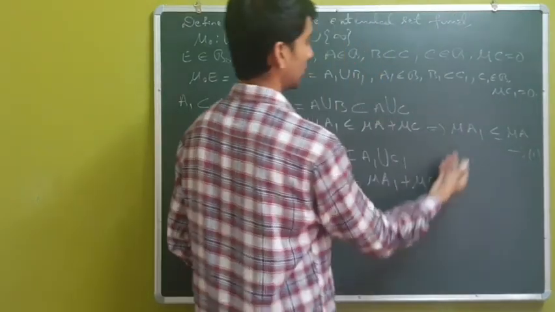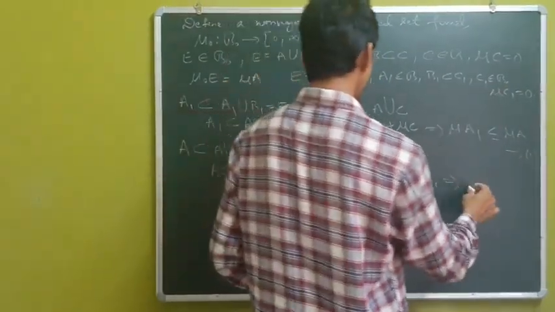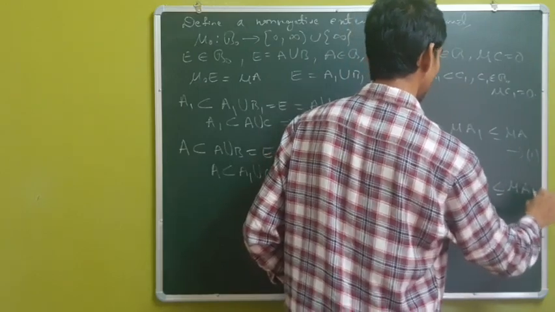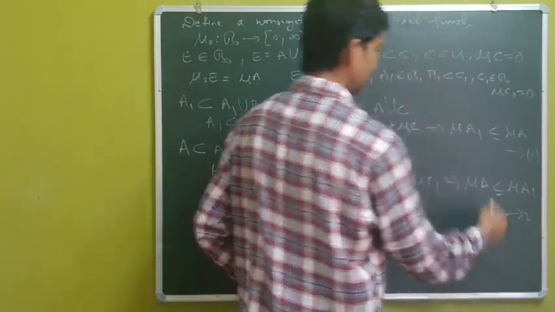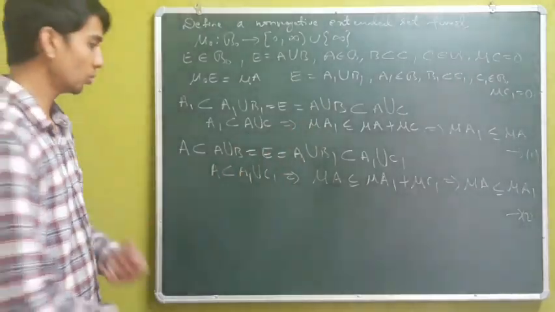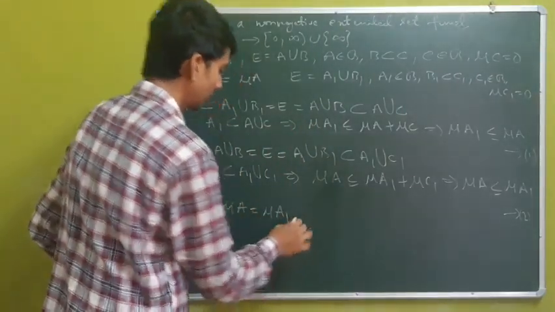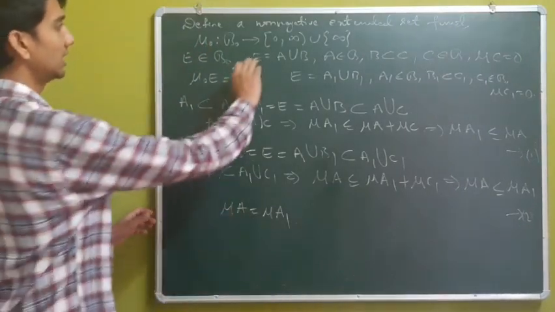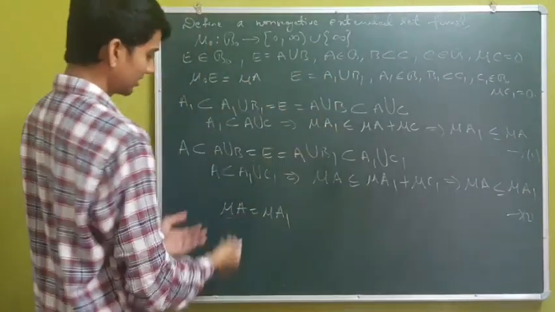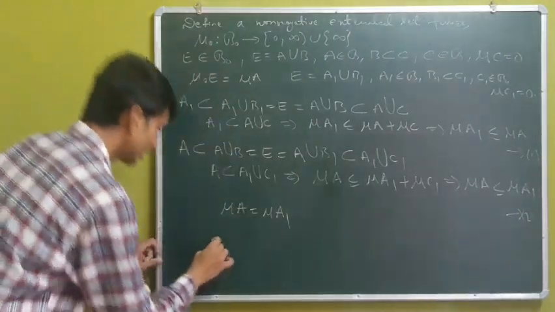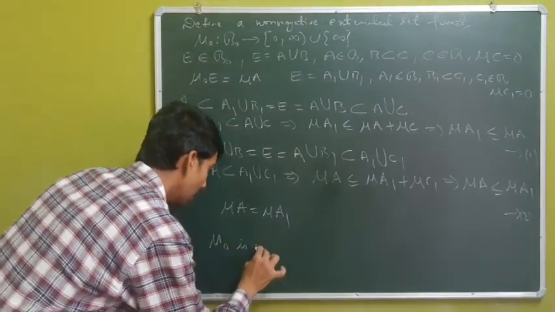Since the measure of C1 is 0, we again have mu of A less than or equal to mu of A1. So from inequalities 1 and 2, I have mu of A equal to mu of A1. So if I have E to be the union of another two sets, I have the measure of A the same as the measure of A1. That implies mu naught is well defined.